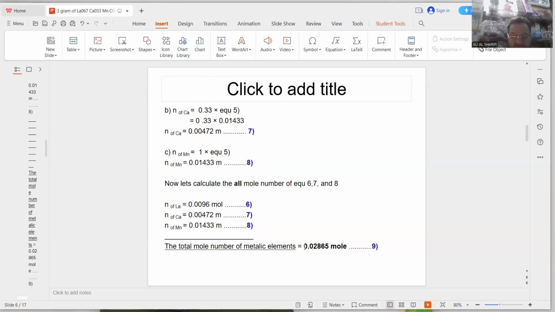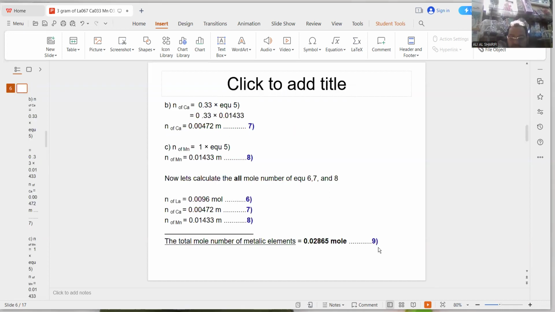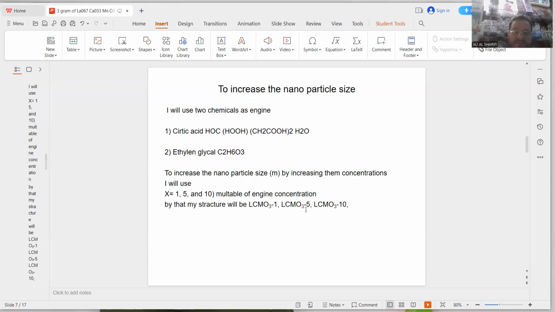This is very important. I will use it many times in the next slides. Now we prepared equation number 9. This equation gives the total mole number of just the metallic elements in the perovskite oxide.